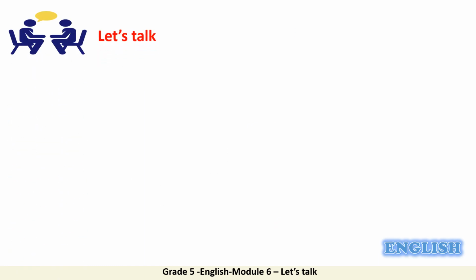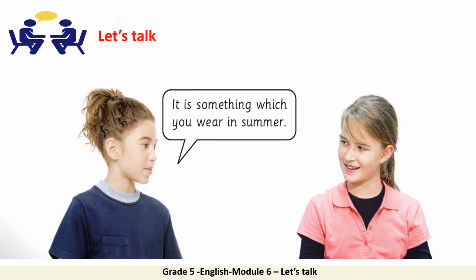Remember, my dear students, as we said earlier, we use who for a person and which for something. Okay? Are you ready? Let's go. It's something which you wear in summer. Great. It's a hat.